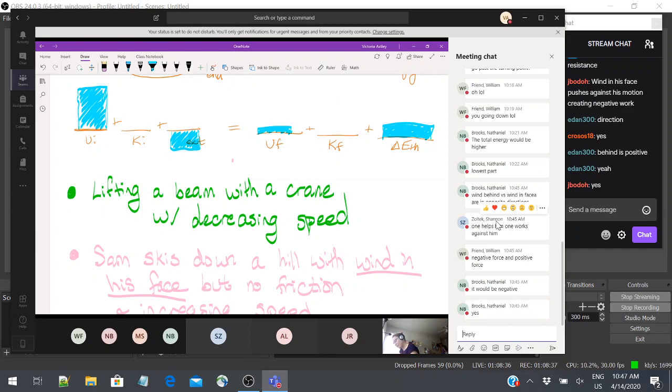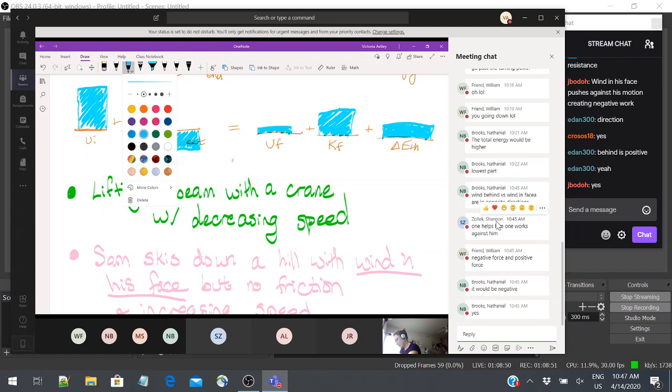That's too big. Okay. So in the chat, write me an example of a situation where this is external work. This is the correct energy bar chart.